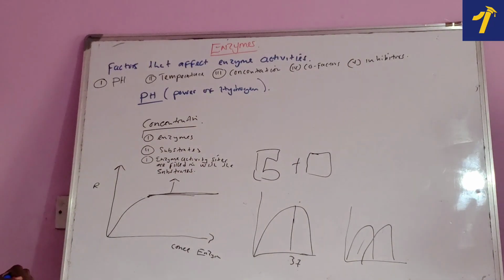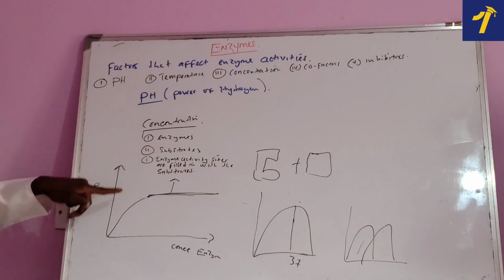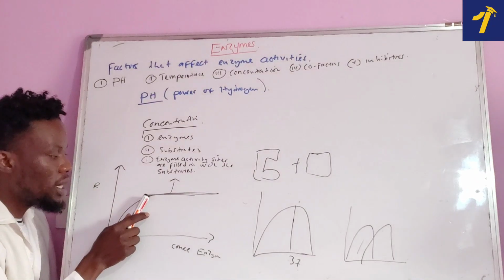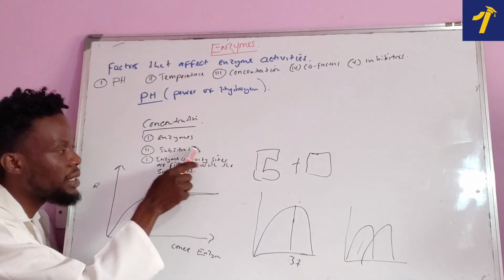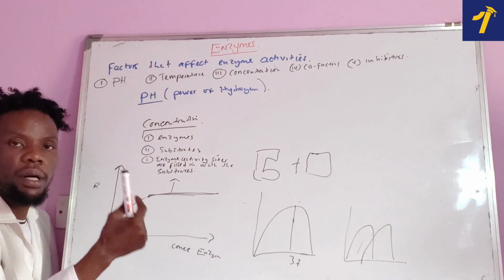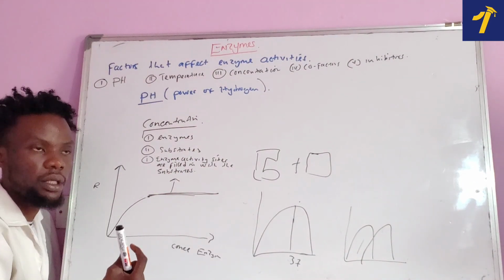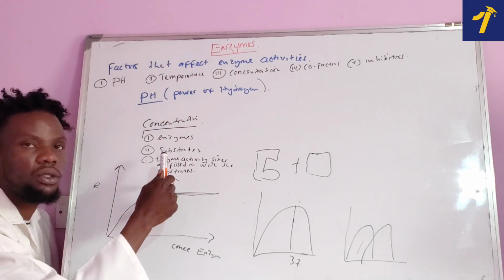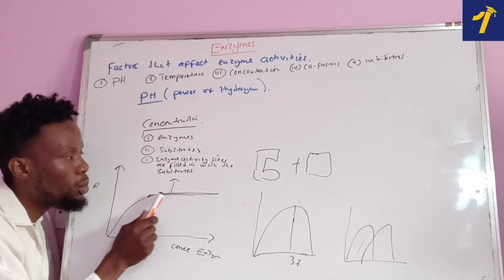What we're simply saying is that if the value reaches here, it means that all the enzymes that are there are now occupied with the substrate. They are all working. If they are all working, there's no need to increase the rate of enzyme activity. It's going to become constant.